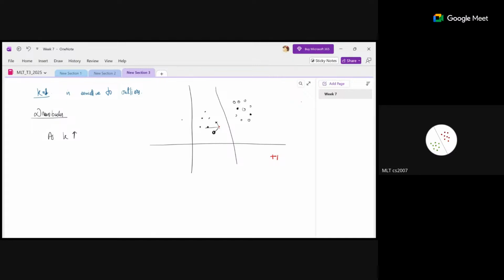And if you put k to be more than maybe 10, then there will be some points coming from this side as well. So as you increase the value of k, you would expect this to perform well. But the smaller the k is, the more likely it is that it might cause problems here. Okay, but again, these are all theoretical.